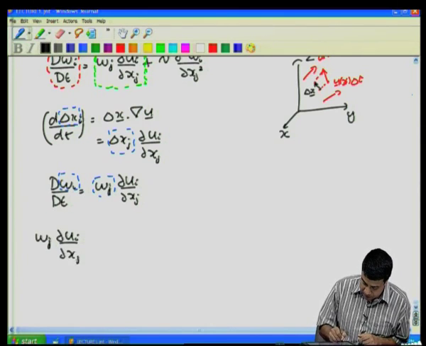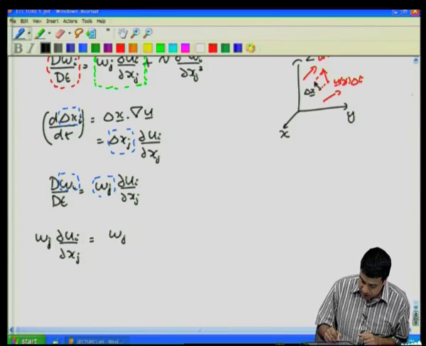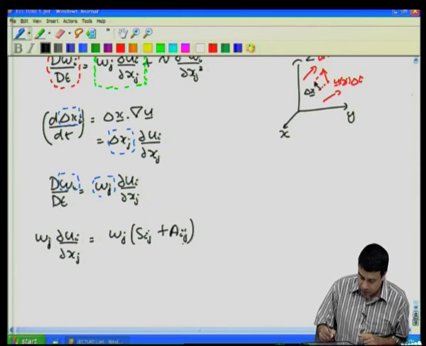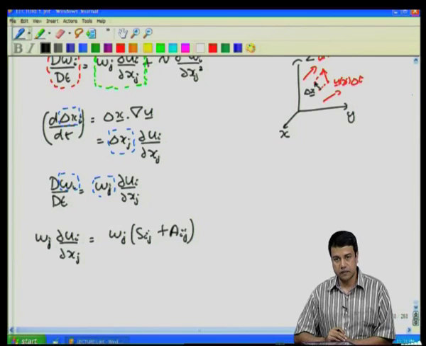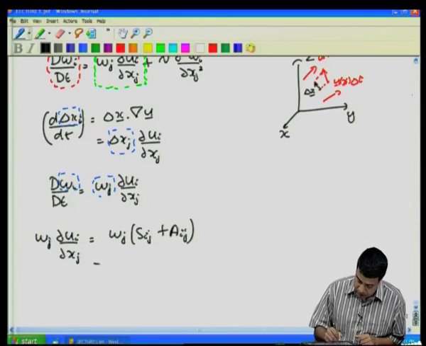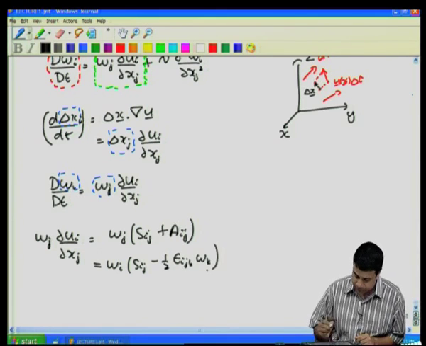Omega j times partial ui by partial xj can be written as omega j times Sij plus Aij, where S and A are the symmetric and the antisymmetric parts of the rate of deformation tensor. If you recall, the antisymmetric part can be written in terms of the vorticity itself. The antisymmetric part can be written as minus half epsilon ijk omega k.